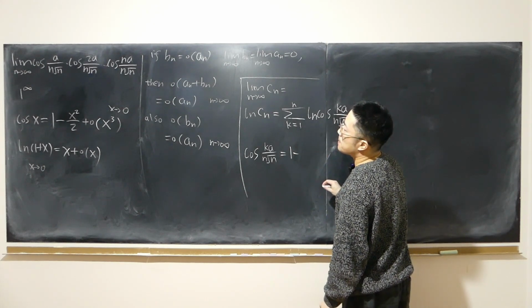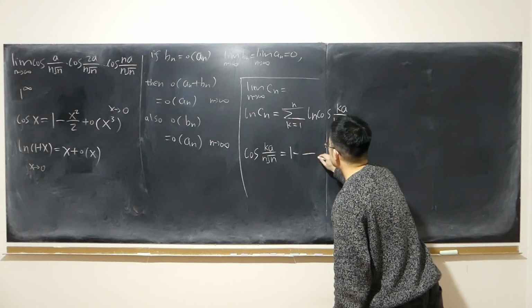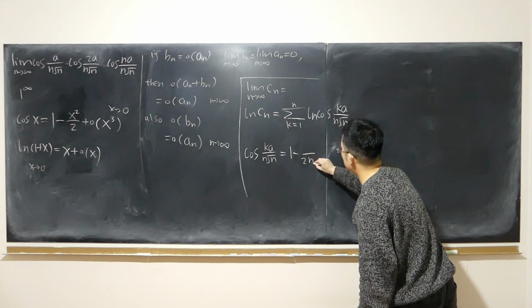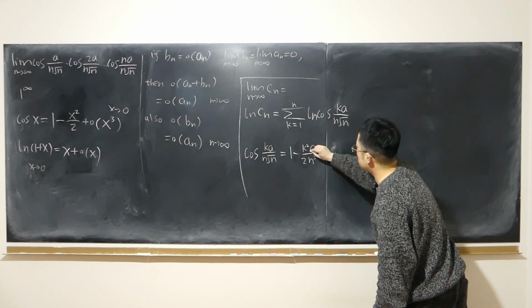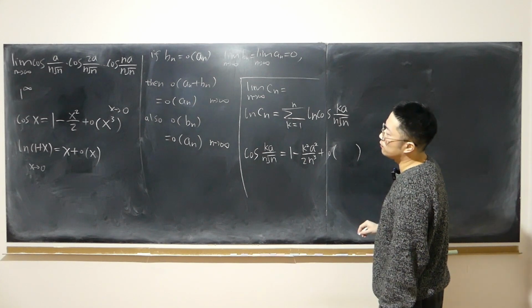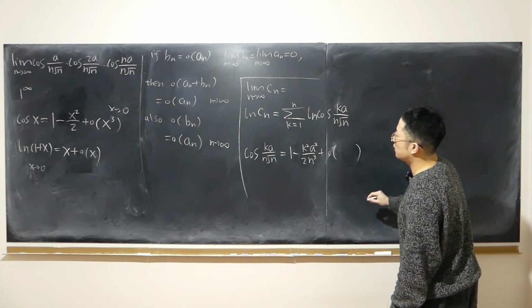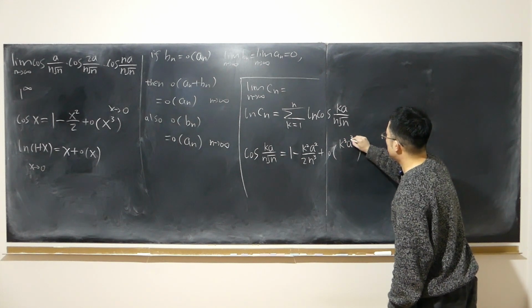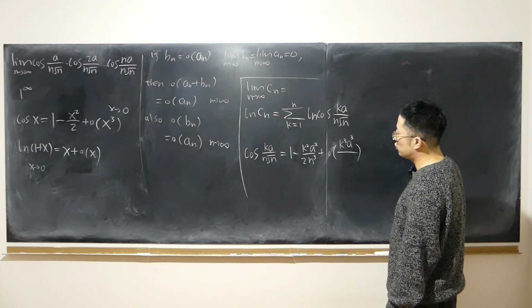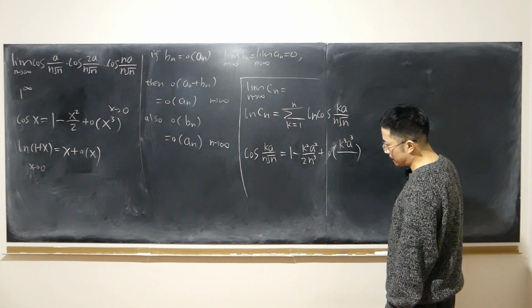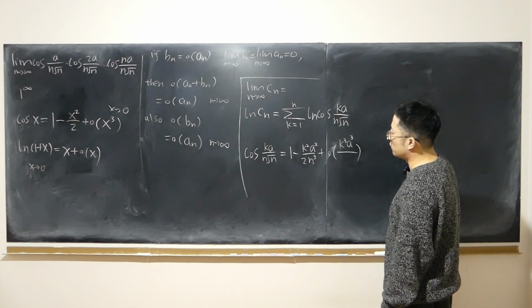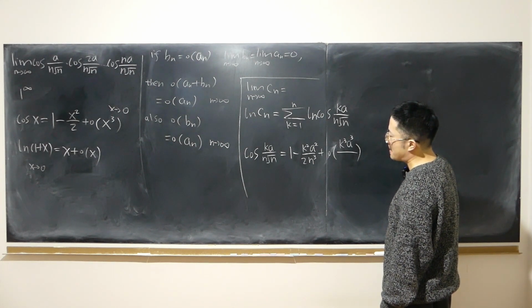So that is equal to 1 minus half of x squared, which is half of k squared a squared over n cubed, plus little o of x cubed, which is k cubed a cubed over n cubed times n to the power of... 3 plus 3 over 2, that is 9 over 2.